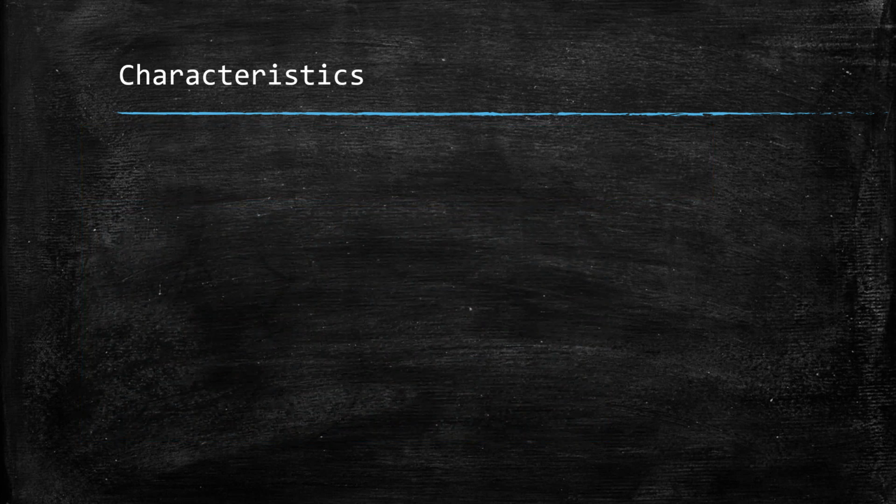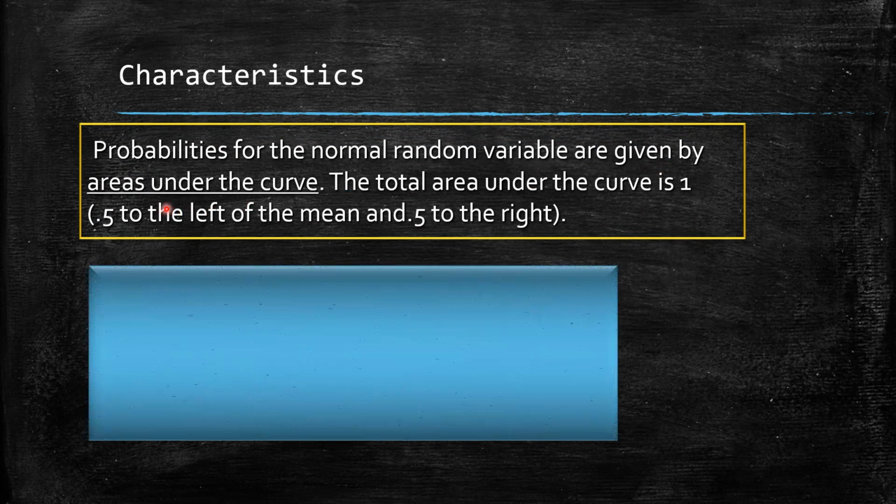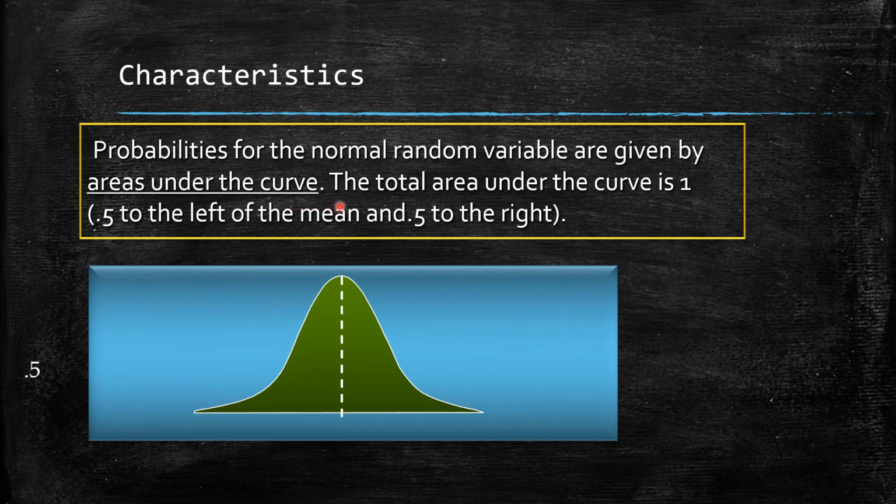We know that the probabilities for any values taken by a continuous random variable are nothing but the area under the curve. Similarly, the probabilities for the normal random variable are also the area under the curve, which is a normal curve, and the total area under the curve is 1. Since this normal curve is symmetrical about the mean, the area is divided into halves.